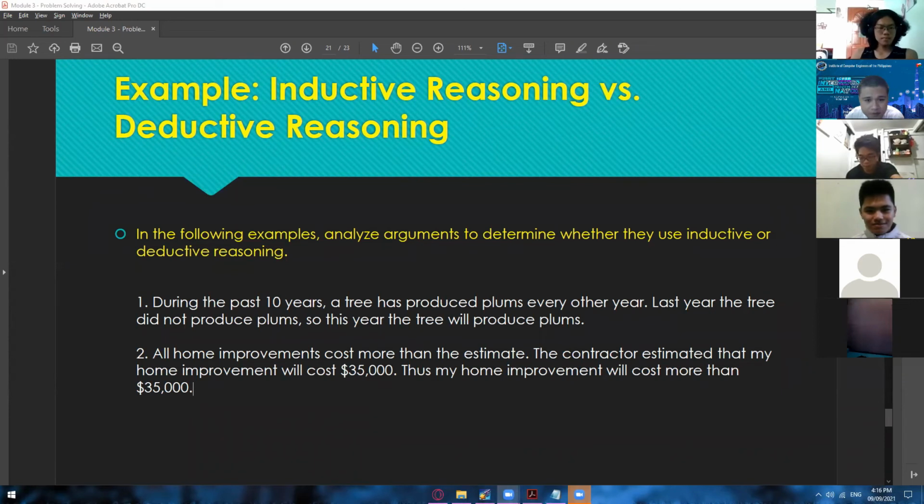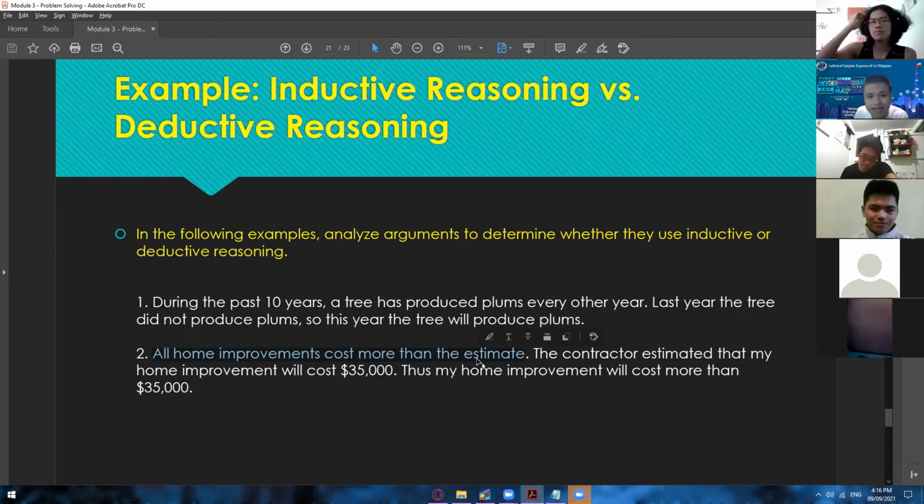What about the others? Most of you have answered deductive. Inductive. The correct answer for number 2 is actually deductive. Why? Well, yes, it's true that we have this data, like all home improvements cost more than the estimate. We could say there are thousands of homes out there, use that data as our basis, and assume that yes, it's inductive.